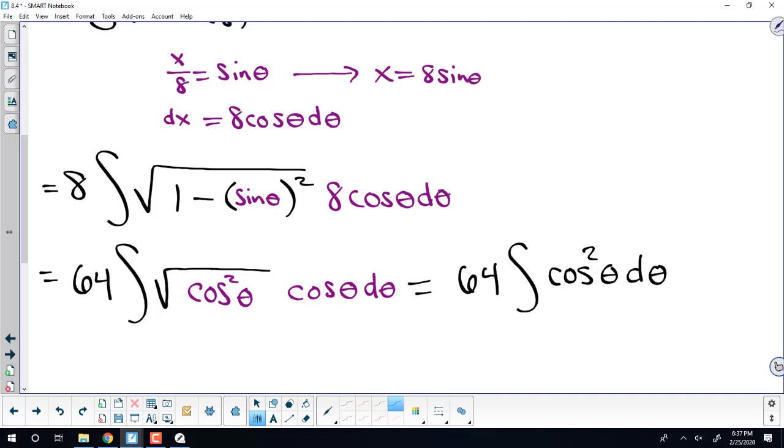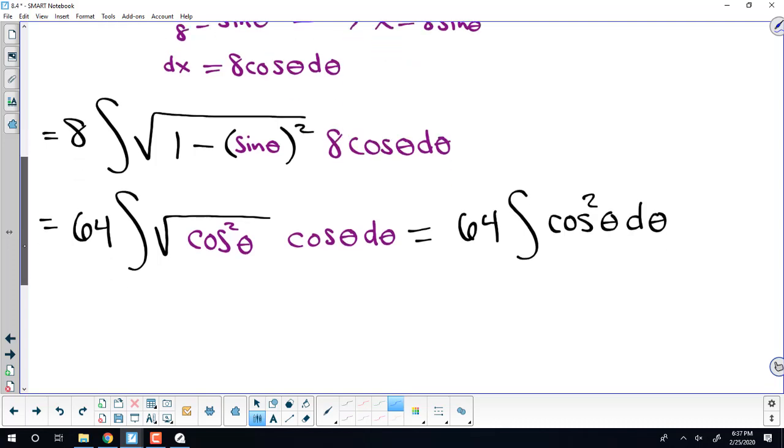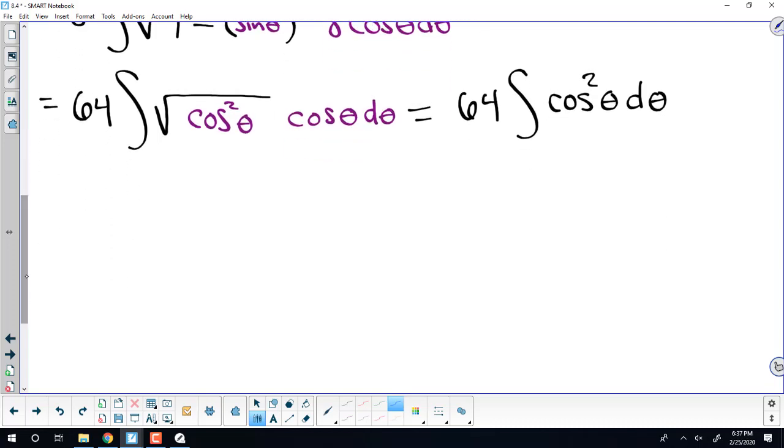Remember, you either remember it by now or you remember the identity. So we're going to rewrite this as, I'm going to go over here, save some space. We're going to rewrite cosine squared theta as 1/2 times 1 plus cosine 2 theta.